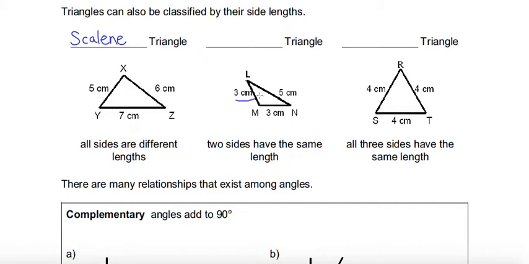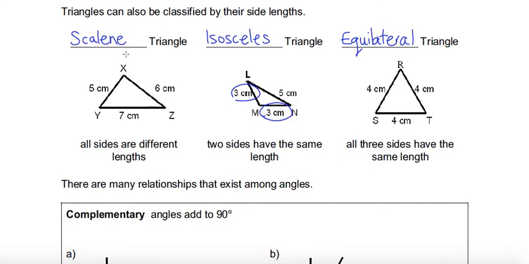If two of your sides are the same, just like two of your angles were the same, this is an isosceles triangle. And if every side of your triangle is the same, like every angle of your triangle is the same, it's an equilateral triangle. So these properties are important.